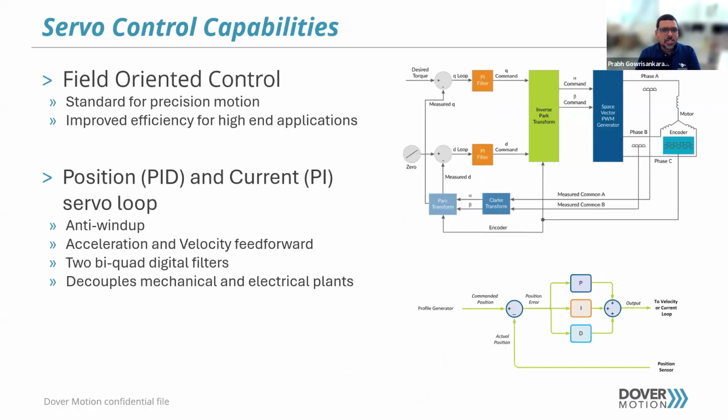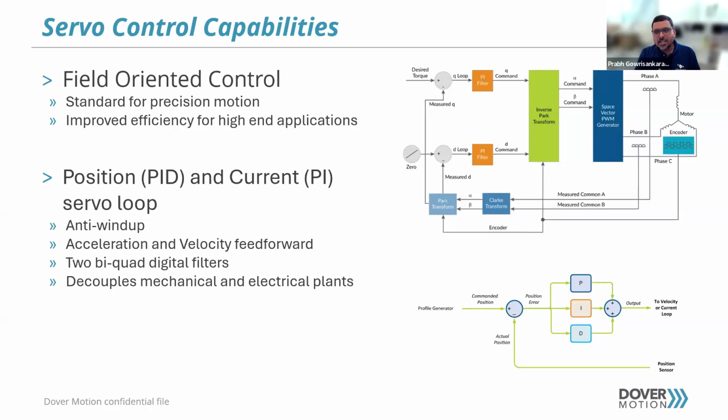Yeah, just to add to what Dig had mentioned, the basis for Dover's architecture is the MC58113 chip. It's a 100-pin TQFP, so that has all the motion control capability that Dig had talked about in the previous slide. A few of them that he had highlighted, the first one was obviously FOC, the field-oriented control.